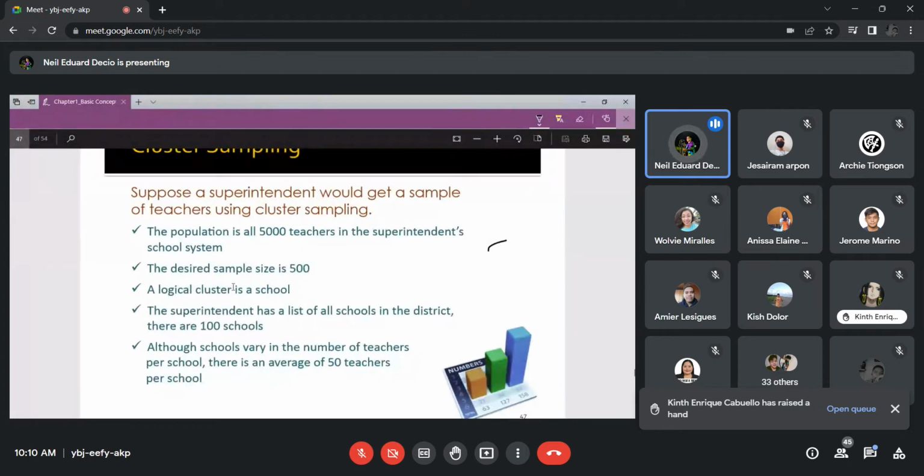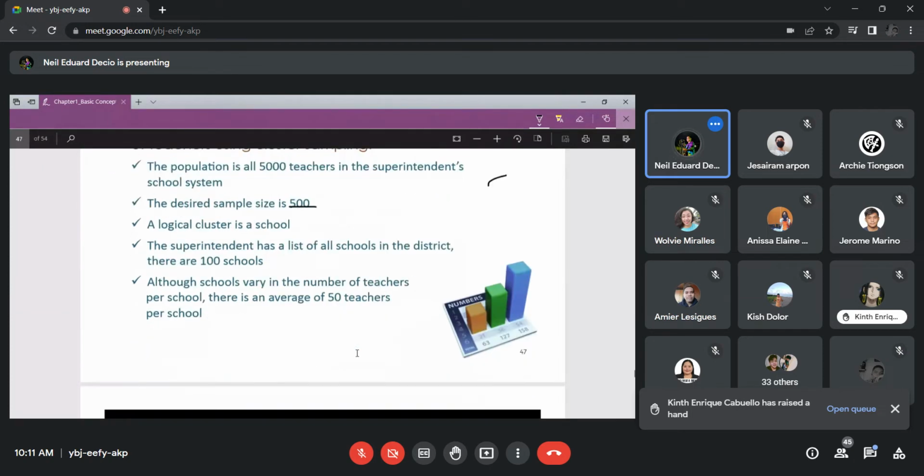Okay, so since the superintendent only needs 500 and there are 50 teachers per school, we just need to divide the 500 by the average number of teachers per school, which is 50. So we would have only 10 schools out of 100.